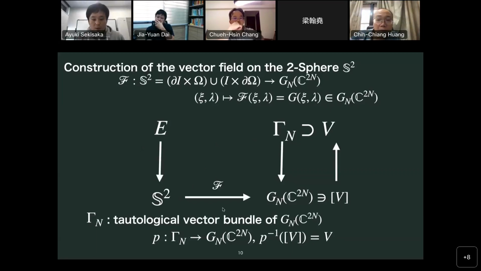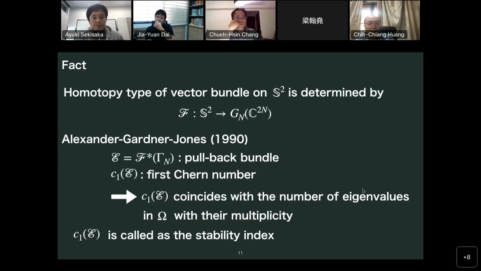The tautological bundle means the right-side arrows like this. It is well known that the homotopy type of a vector bundle on the two-sphere is determined by the map from the two-sphere to the Grassmannian.